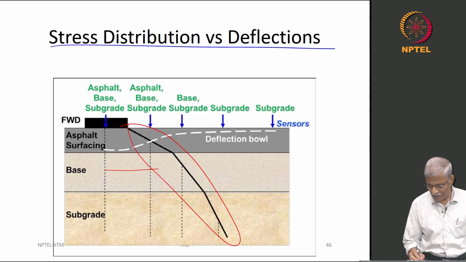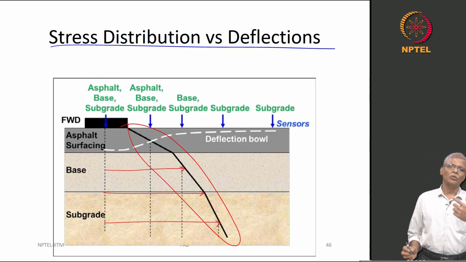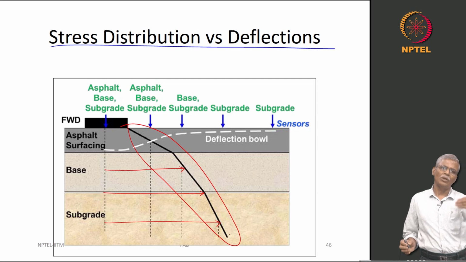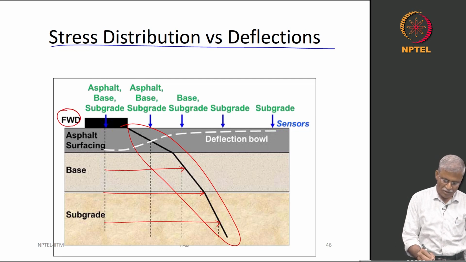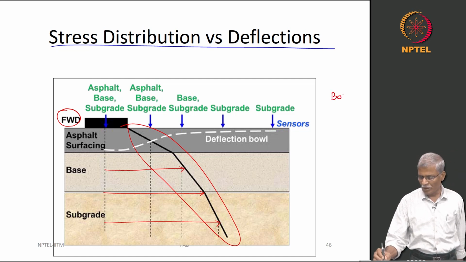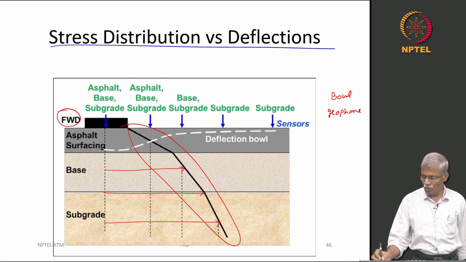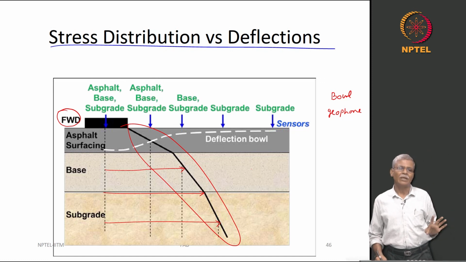From the center line you can see how the load transfer area keeps increasing, so that means the intensity of the load keeps decreasing. Typically, if you use the FWD procedure, you talk in terms of a deflection bowl, you use words such as geophone, there is a back calculation procedure; we will not get into all those things.